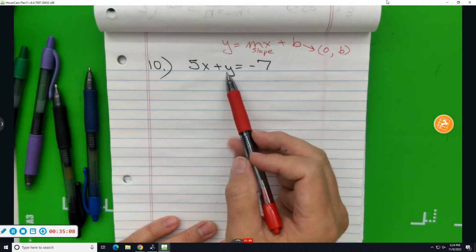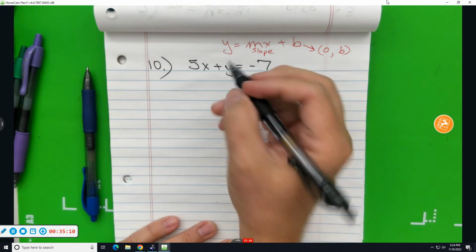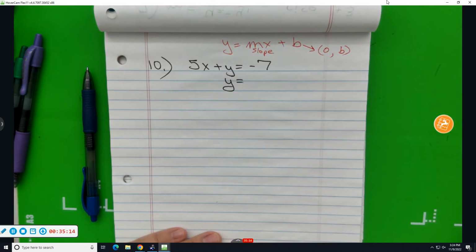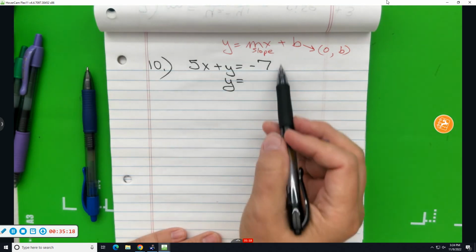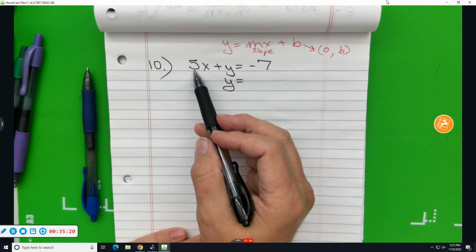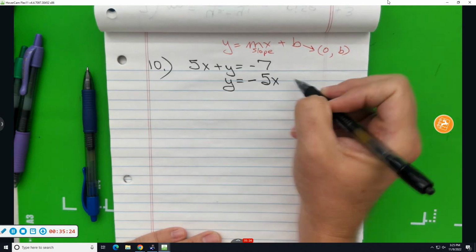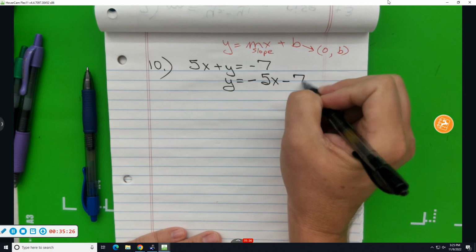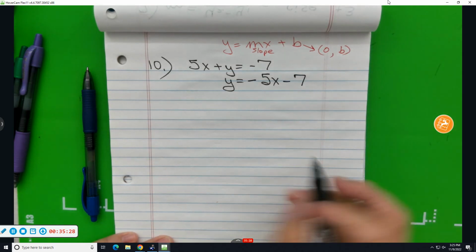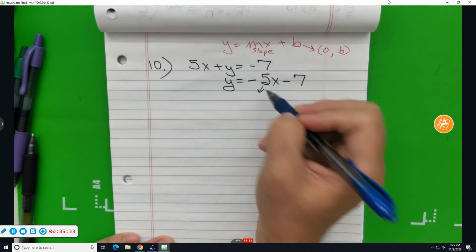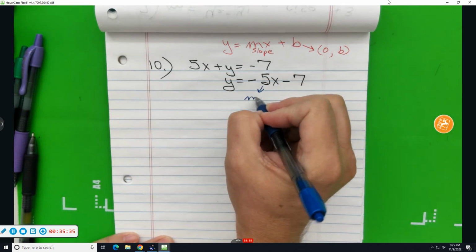So let's solve this equation for y. All we have to do, it's a one-step thing to get y by itself. Yes, move the 5x over. That positive 5 will become a negative 5. So negative 5x minus 7. So my slope is negative 5.